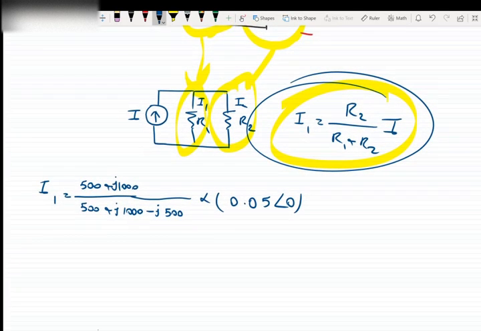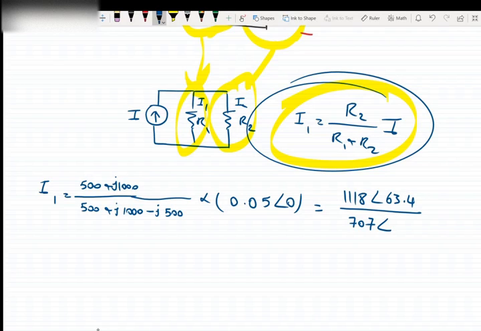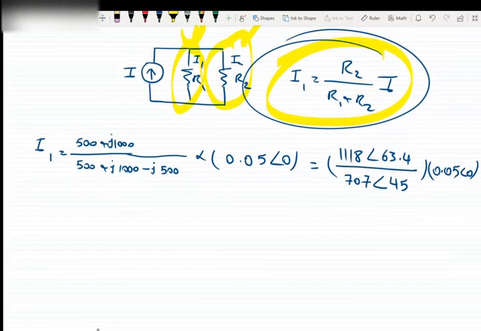Okay, so if we convert these numbers to polar form, it's 1118 with the angle of 63.4 over 707 with the angle of 45, multiplied by 0.05 with the angle of 0.